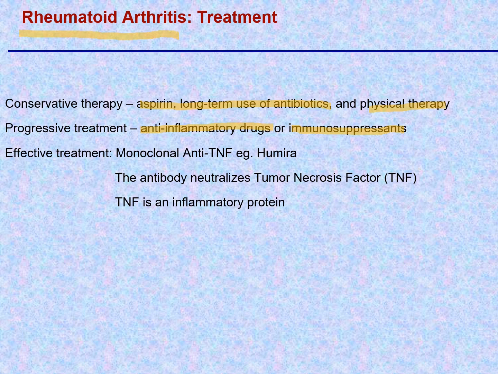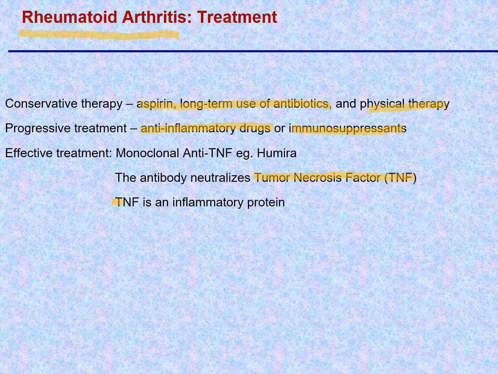A seemingly effective drug, although it may have side effects, so it is carefully monitored, is a monoclonal antibody against an inflammatory molecule produced by the body called TNF, or tumor necrosis factor.